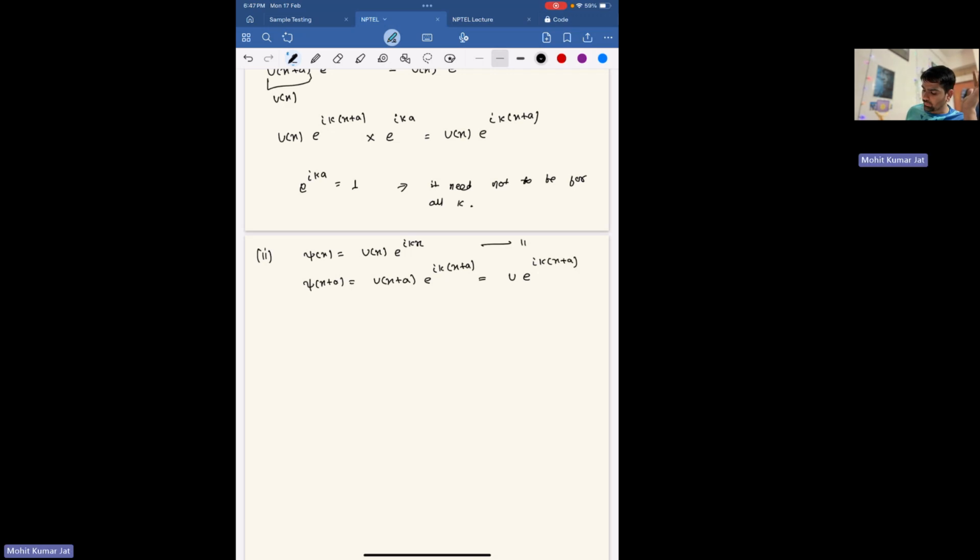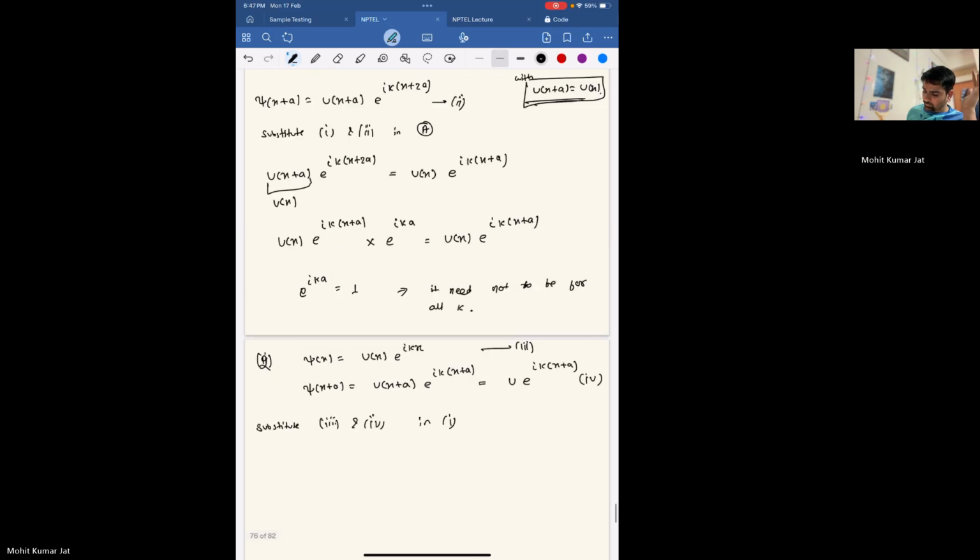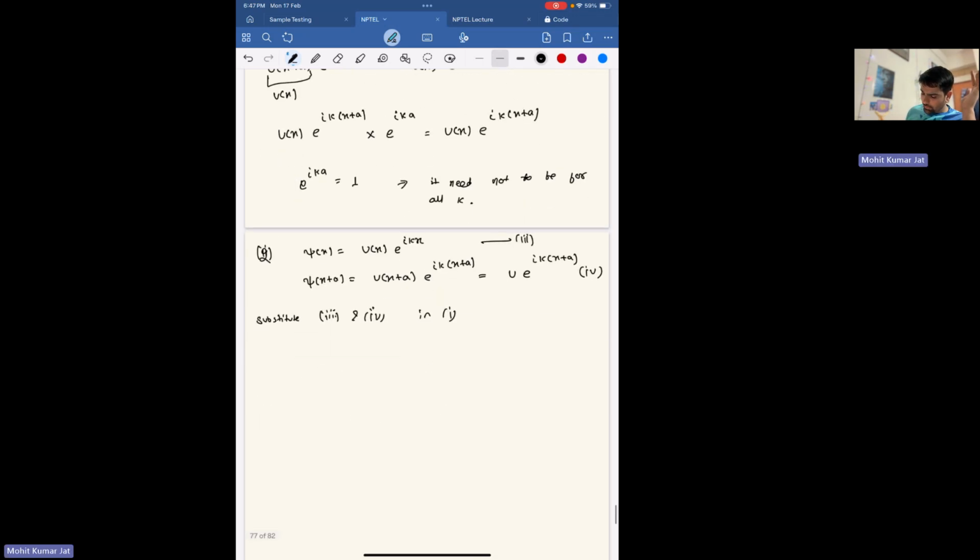This will be equation number 3. This will be equation number 4. Substitute third and fourth in 1. The equation number 1 is psi of x plus a equals u of x e to the power i k times x plus a. That's what it is, right?